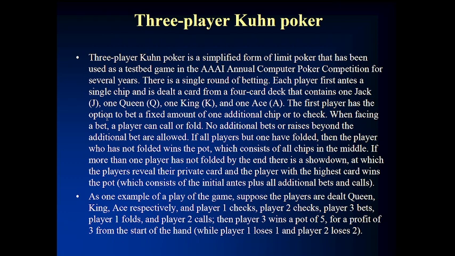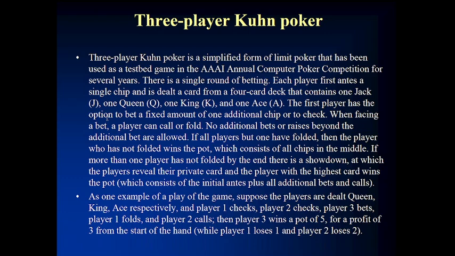The experiments are going to be on 3-player Kuhn Poker, which is an imperfect information game. It was used previously in the annual computer poker competition. There's one round of betting, and each player antes one chip and is dealt a card from a 4-card deck. So there's an ace, a king, a queen, and a jack. Each player gets one card, and then the 4th card is put off to the side.